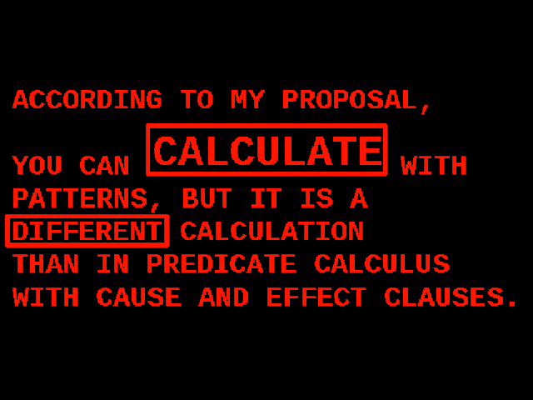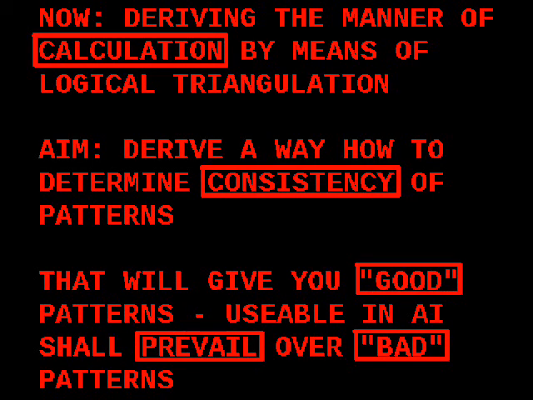Now, you can actually calculate according to my proposal. You can calculate by using this logic and with patterns. However, it is not the same calculation as in predicate calculus. You do it in a different way than with cause and effect clauses. In the following, we shall derive the manner of exact calculation by means of logical triangulation.